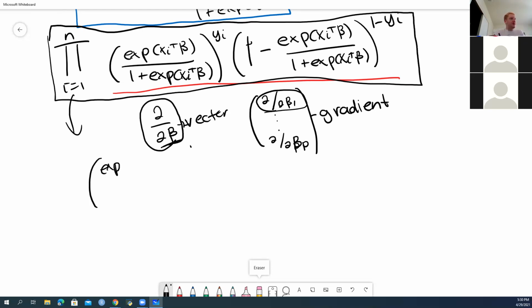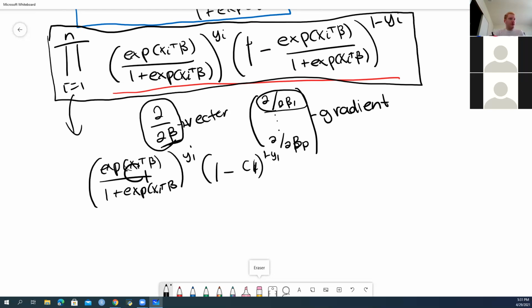So you have x1 transpose beta over 1 plus x1 transpose beta to the y1 times 1 minus that. I'll just call this c1, to be quicker, to the 1 minus y1, times c2 to the y2, 1 minus c2 to the 1 minus y2. Does it just end up being like, oh wait, never mind.